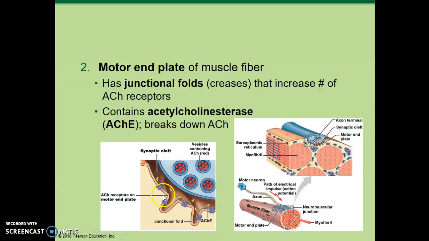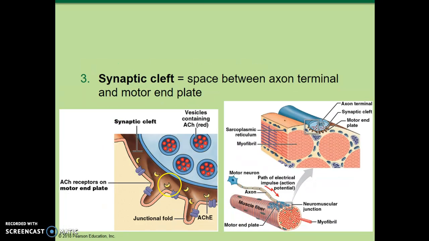It has infoldings called junctional folds, and this is where we're going to have acetylcholine receptors. You will also notice this yellow moon here. That represents acetylcholinesterase, which will break down the neurotransmitter acetylcholine. The synaptic cleft is the space between the neuron and the muscle.